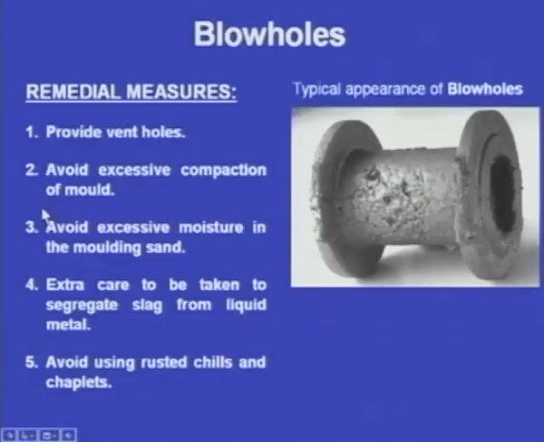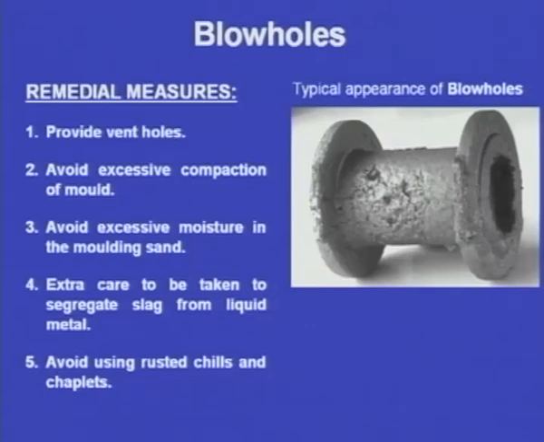So, these are the remedial measures. First one is provide vent holes. When we provide sufficient vent holes, if excess vapor is formed inside, that excess vapor will escape through the vent holes.